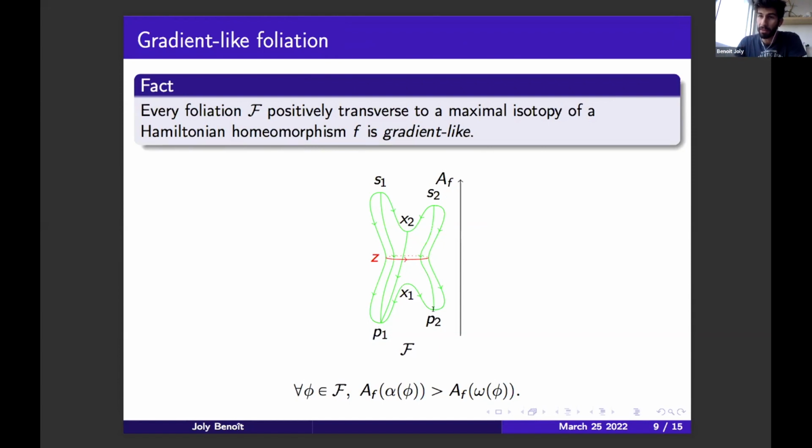So you can't find an isotopy fixing every singularity S1, S2, X1, X2, P1, P2, and the point Z. You have to make a choice if you want to see Z as a fixed point of the isotopy.